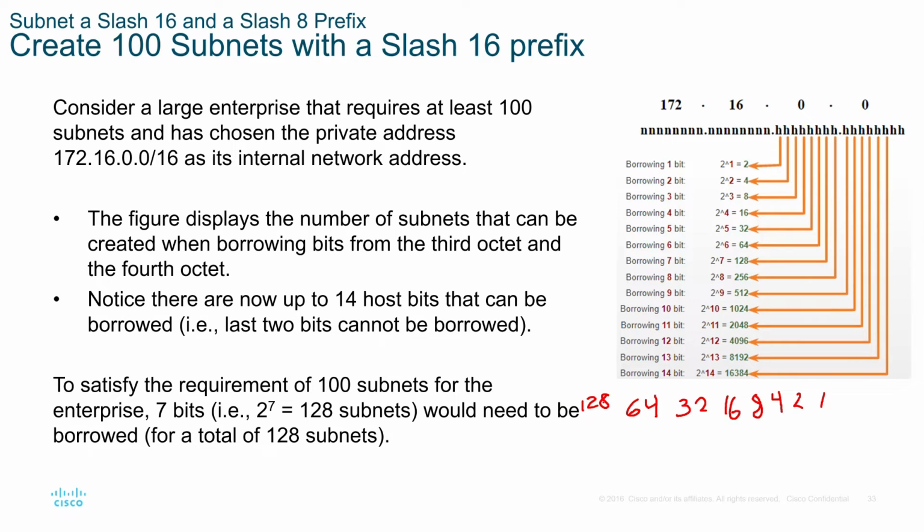Now, to get 100 subnets, I would need these bits because they would add up to 127, obviously giving me at least 100. So I'd have 1, 2, 3, 4, 5, 6, 7 bits.